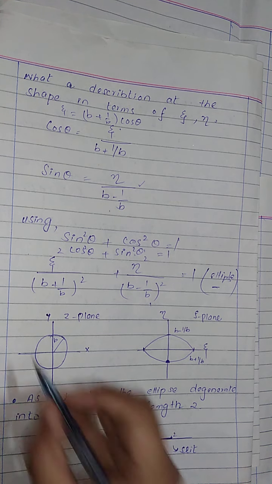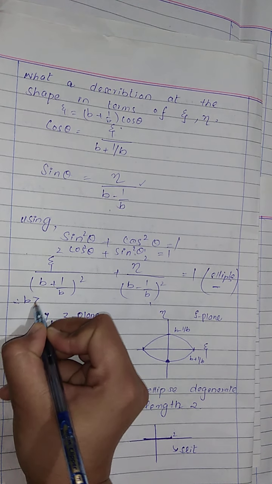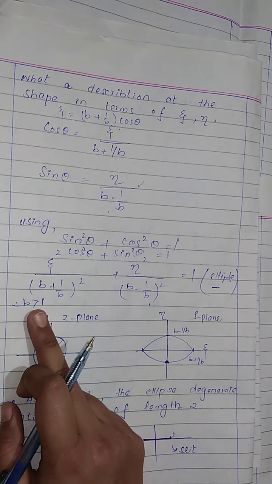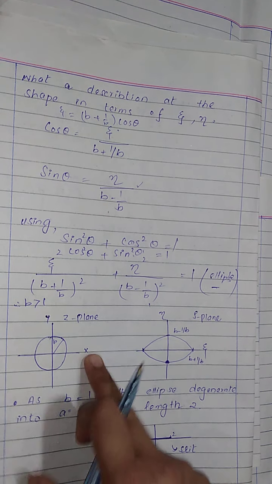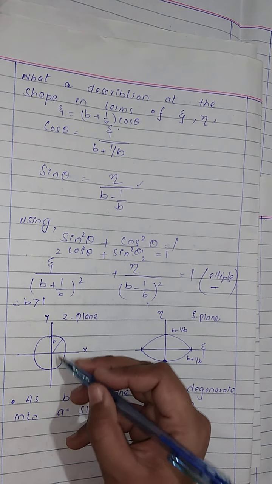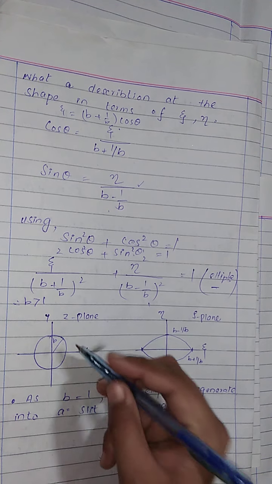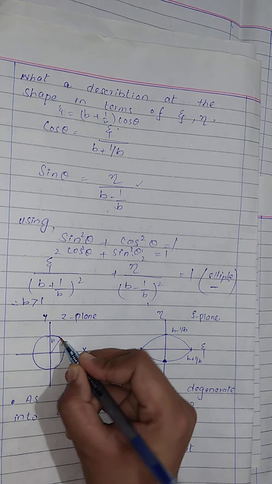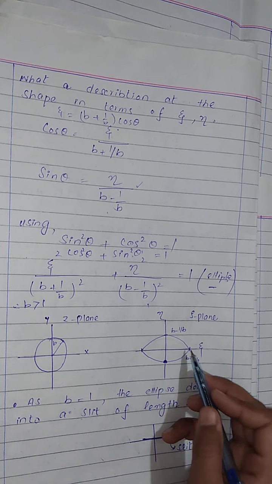So we see the first condition, if b is greater than 1. If b is greater than 1, then in the xy plane it is a circle and the radius b is greater than 1. So the ellipse is like this.